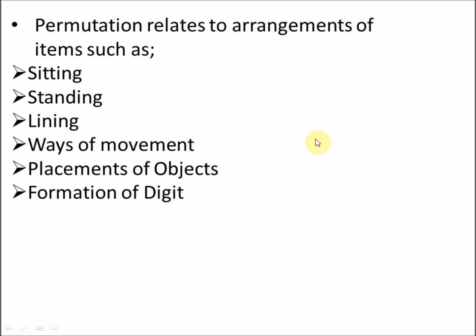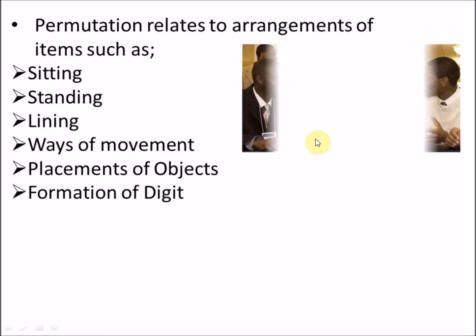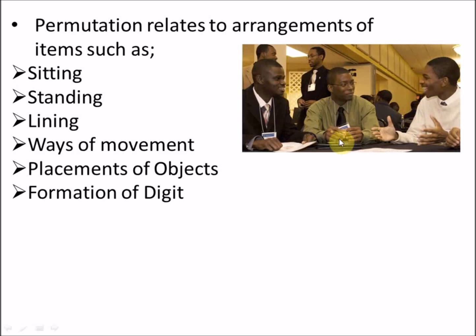All right, so let me give you some examples here. You can be told, how do we arrange these three people in two particular positions, so that they are sitting? That is permutation.